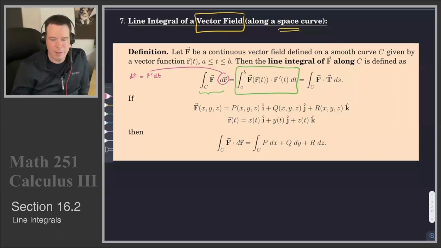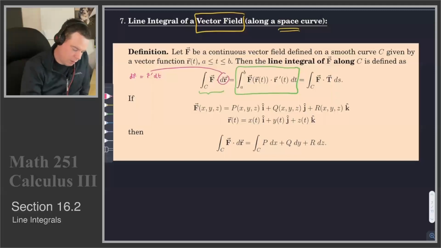The right-hand side is also just another shorthand way to write this integral. The idea with this other way of writing it using the unit tangent vector is as follows. The unit tangent vector is given as r prime over the magnitude of r prime, but the magnitude of r prime is also written as ds dt.